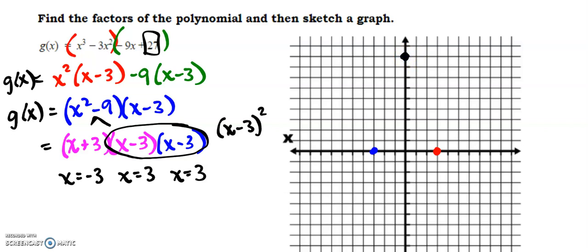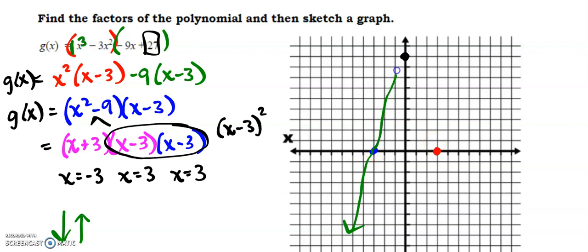And then this one again is a positive odd. So our positive odd degree polynomial has end behavior that looks like this. So I need to somehow connect my ends. This one's supposed to go down, and then the other one's supposed to go up.